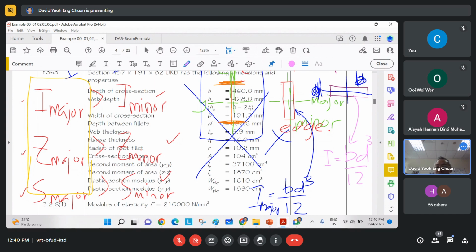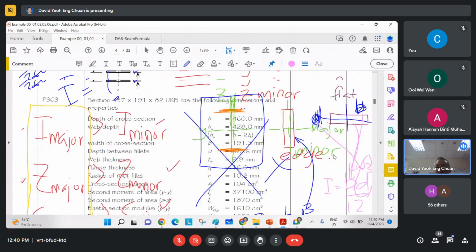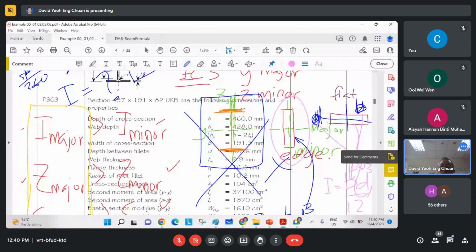So this D here is this D, such a small D, and your B is here. So which one, the pink color or the blue color, is going to give you a bigger I? The blue one is going to give you a bigger I. So use it this way. All right, use it this way. Don't slip it down.